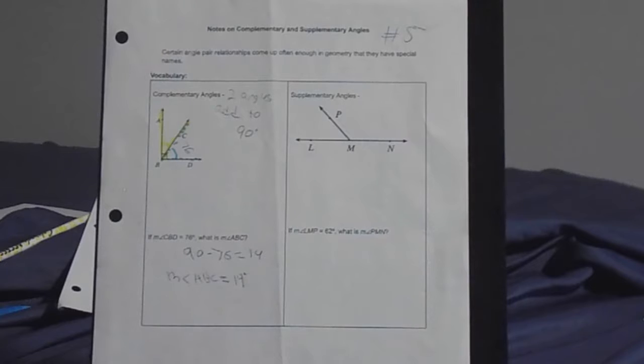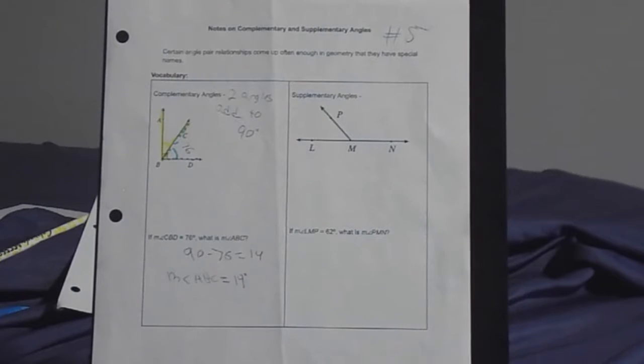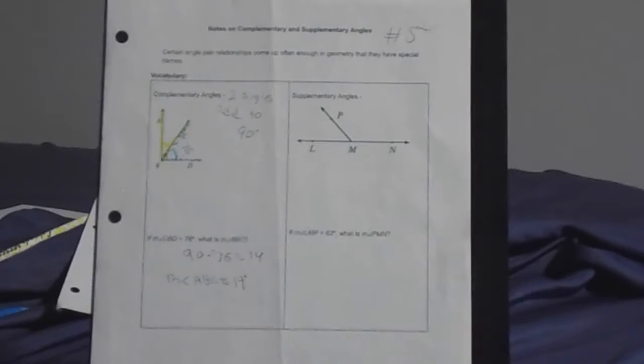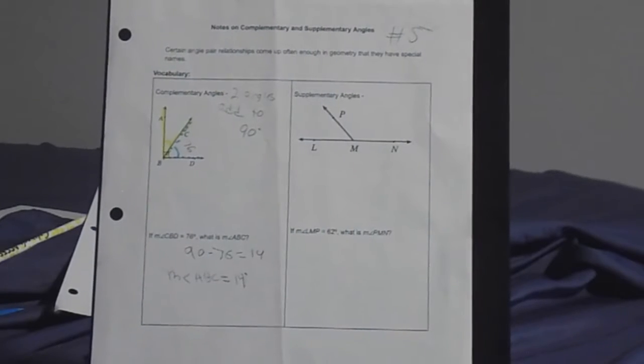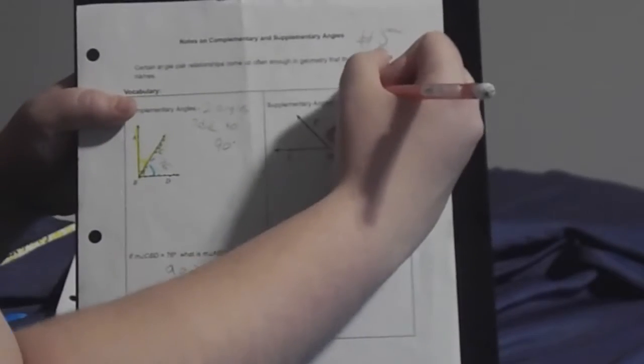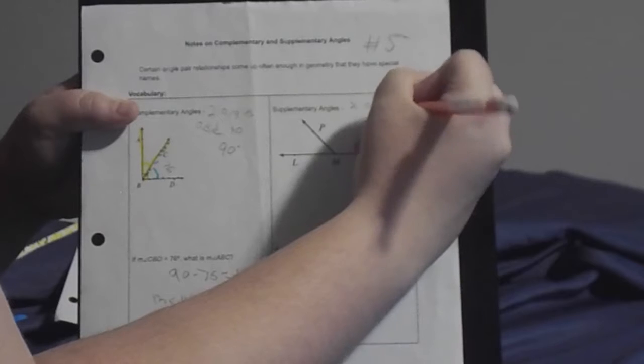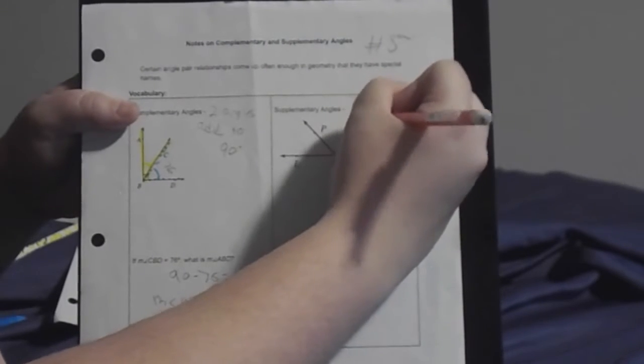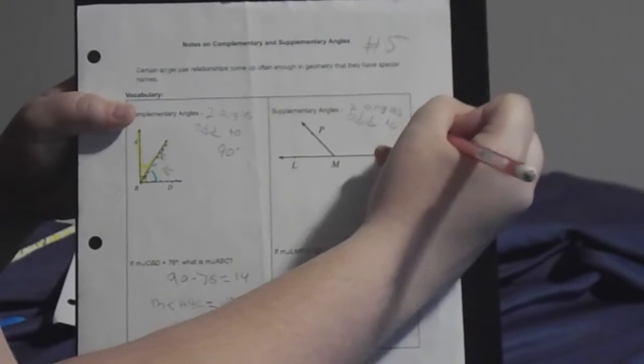The next way we can describe an angle pair relationship is to say they're supplementary to each other. Two angles are supplementary if they add to 180 degrees.